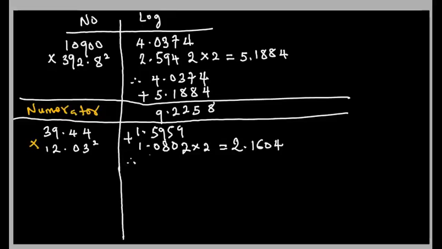The value for the left is 1.5959, and that of 12.03 all squared is 2.1604.